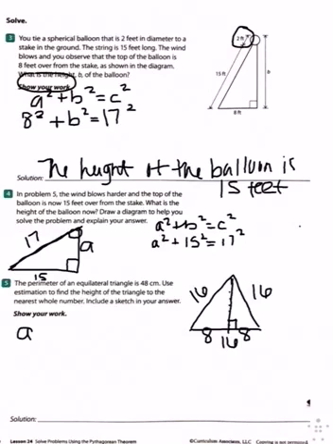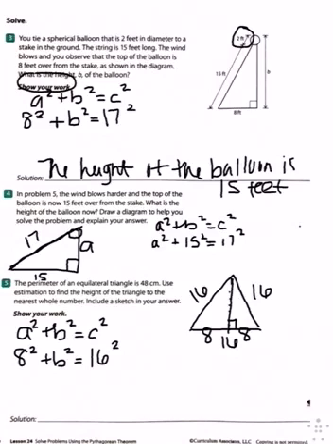And so when you solve it, a squared plus b squared equals c squared, we know one side is 8. We are missing the height length, but we know the hypotenuse c is 16. We can solve. 8 squared is 64. 16 squared gives us 256. We subtract 256 minus 64 to give us 192.